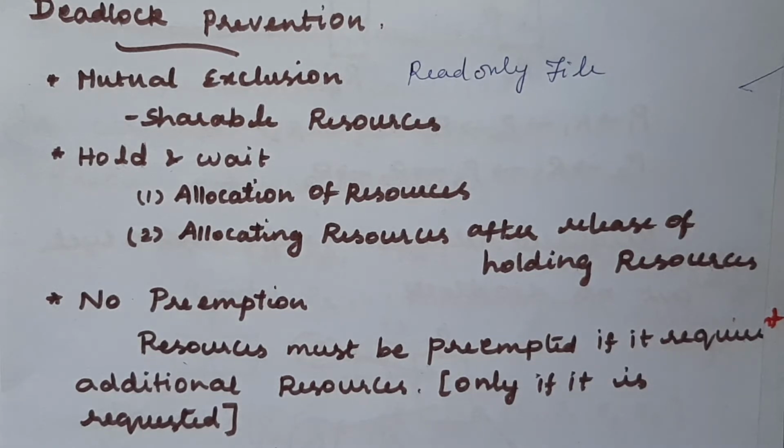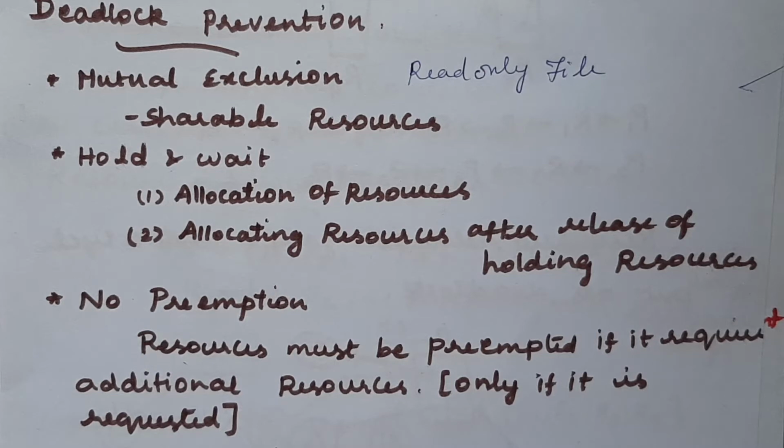So we can deny mutual exclusion in this case, because this particular resource is in shareable mode. But this cannot be applied to a mutex or semaphore. We can apply it only for some files. We cannot apply shareable mode on mutexes or semaphores. It is not possible, right?